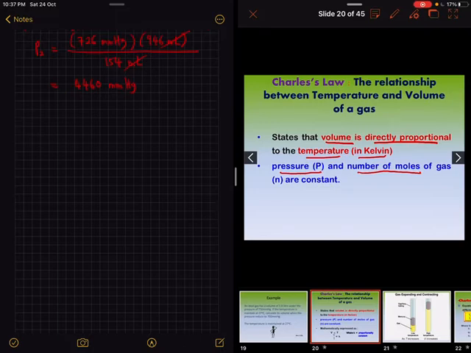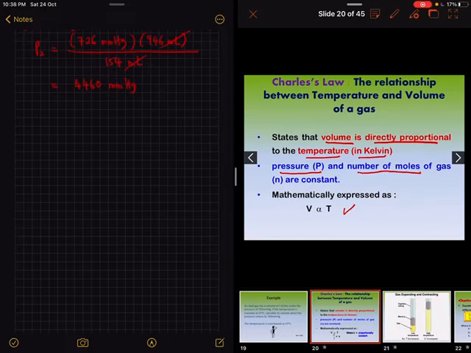Okay, pressure and number of mole adalah constant. So Charles law akan merekodkan hubungan di antara temperature dan volume of a gas. Okay, and then they are mathematically expressed sebagai V directly proportional to temperature.